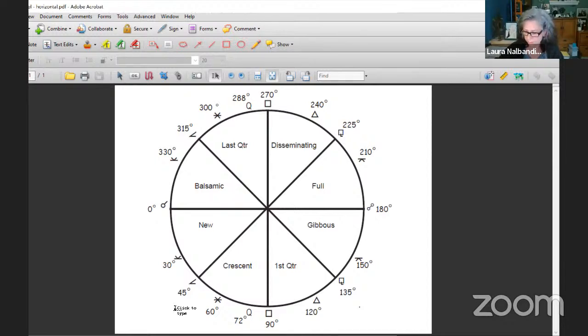We're following, right? This is 0 degrees Gemini. This is 0 degrees Cancer. This is 120, 0 degrees of Leo. This is 15 degrees of Leo. And on and on.